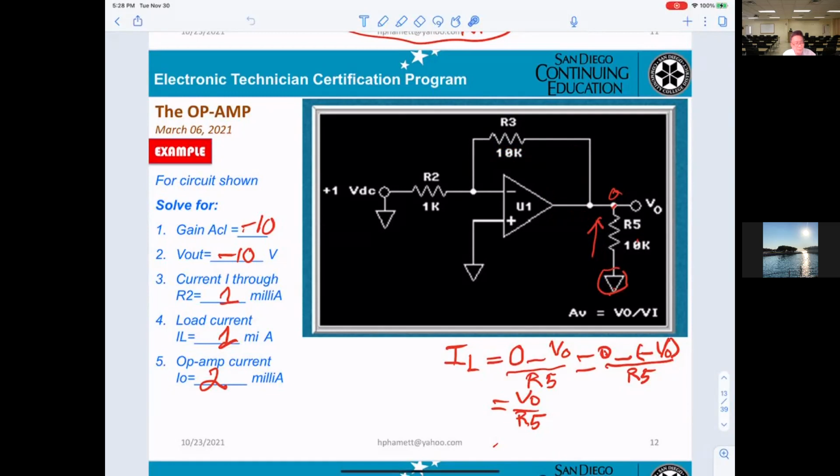In this case, there will be a sink current. The op amp pulls the current in. If you want to calculate the current, it is easy for you to know how to do the calculation, and also if you want to calculate the V out, then you know how to do it. That is already done.